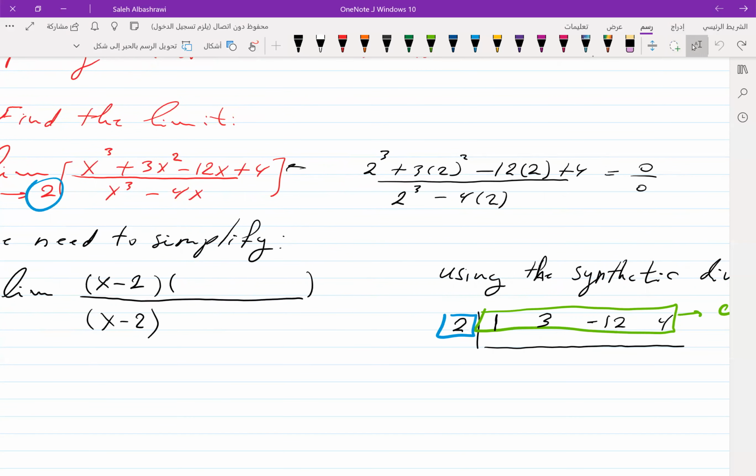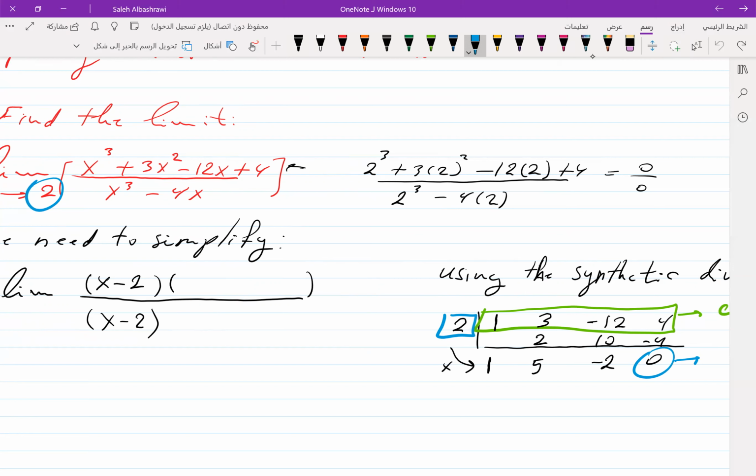First number 1 will be written down. Then multiply: 2 multiplied by 1 is 2. 2 plus 3 is equal to 5. Again, multiplication: 2 multiplied by 5 is equal to 10. 10 minus 12 is minus 2. Minus 2 times 2 is minus 4, and 4 with minus 4 is equal to 0. We must have 0 at the end, because x minus 2 is one of the factors, so the remainder must be equal to 0.